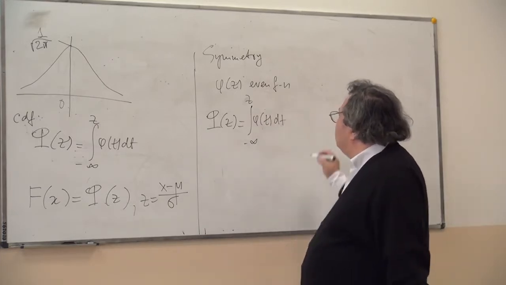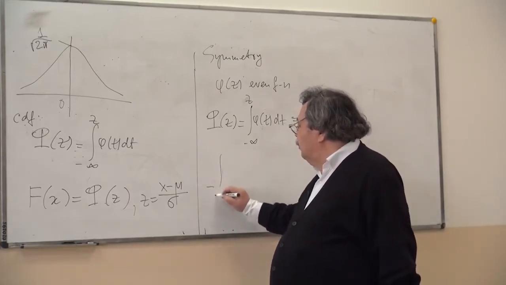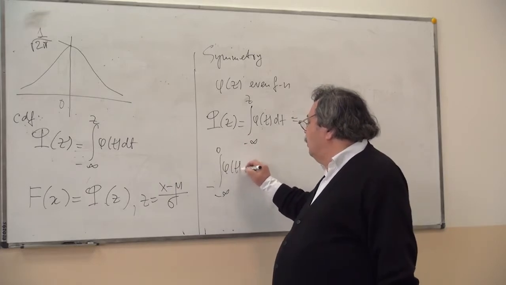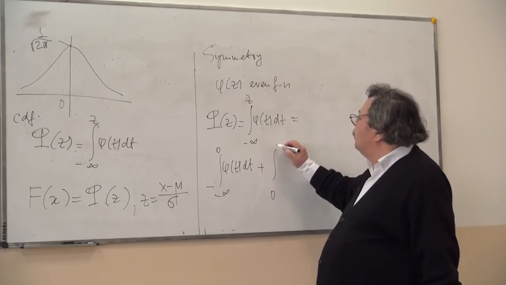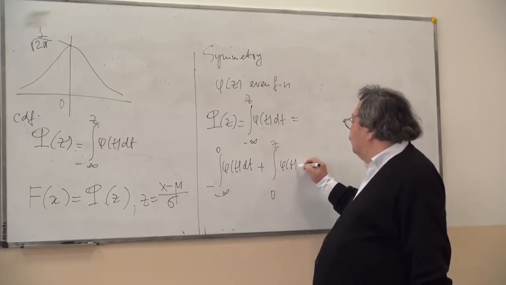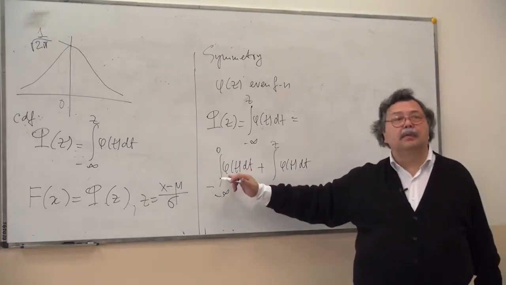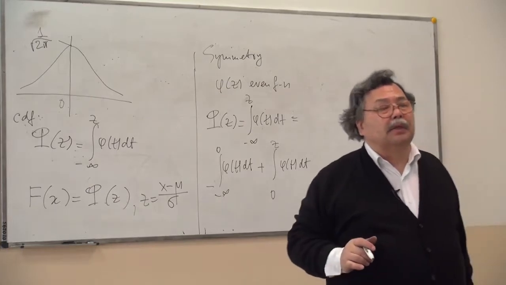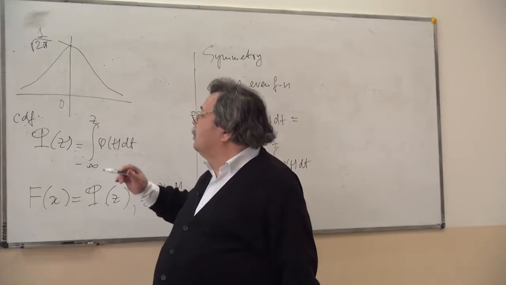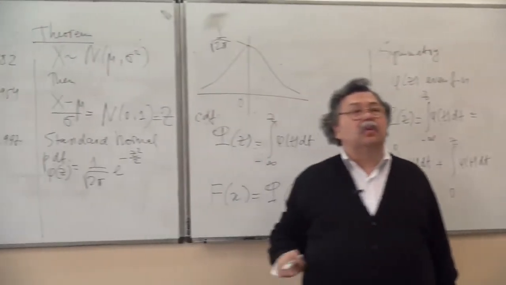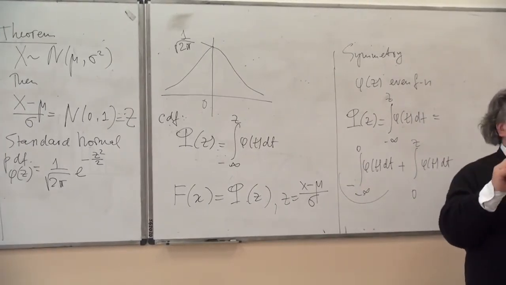we can split this into the integral from minus infinity to 0 plus the integral from 0 to z of little phi. Now, because little phi is an even function, and because the integral from negative infinity to positive infinity of this is 1, this integral here is just 1/2 of 1.